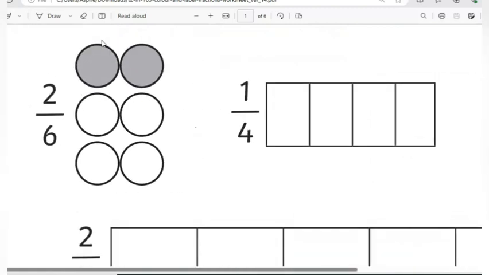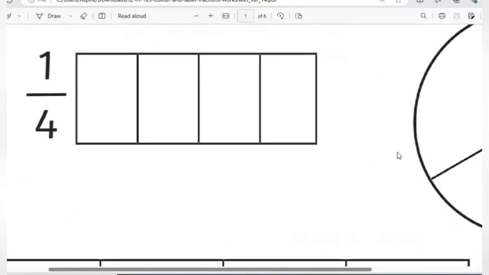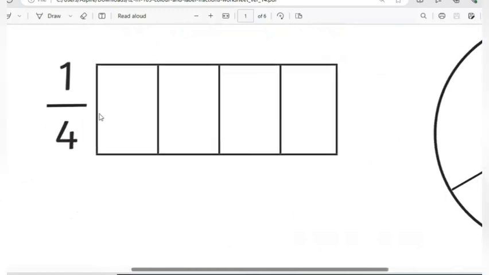Can you identify? 6 equal parts. Out of these 6 equal parts, 2 have been shaded. Now, if we move to this diagram, to express 1/4 in this whole one.